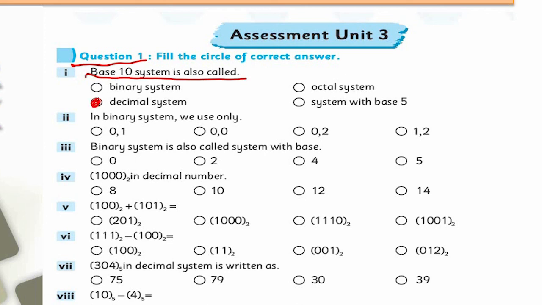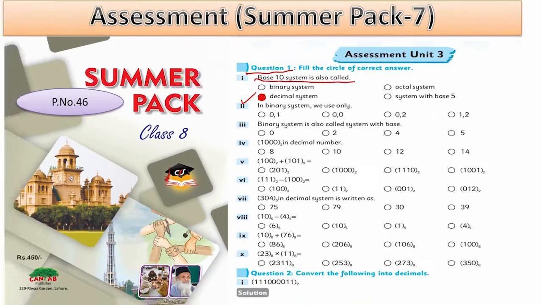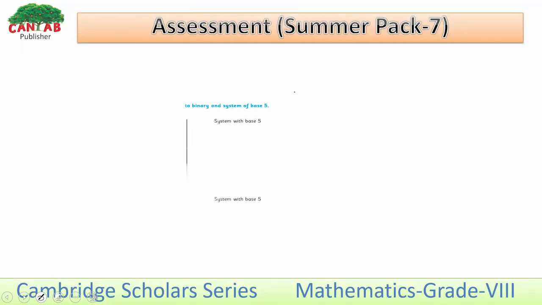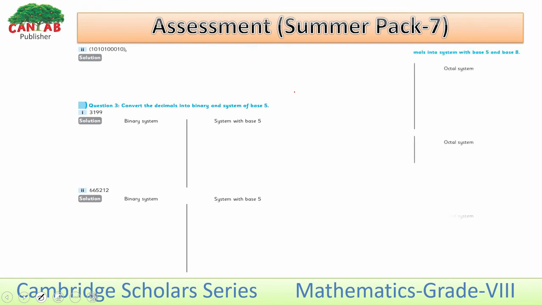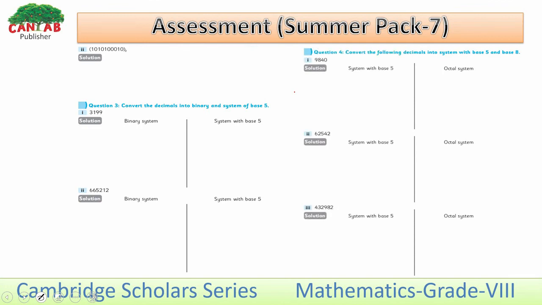So fill this circle. Similarly, choose the one correct option from the 4 given options in each part and complete this question in your summer pack. And question number 2 also, complete all the questions of the assessment in the summer pack, and at the end send this assessment or summer pack to your teacher for checking.